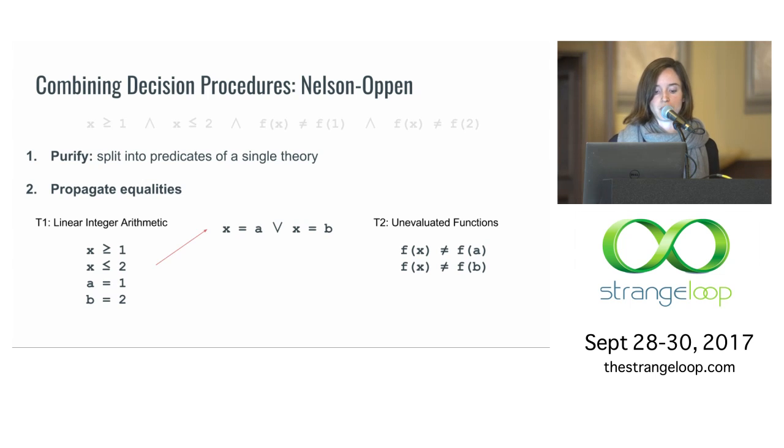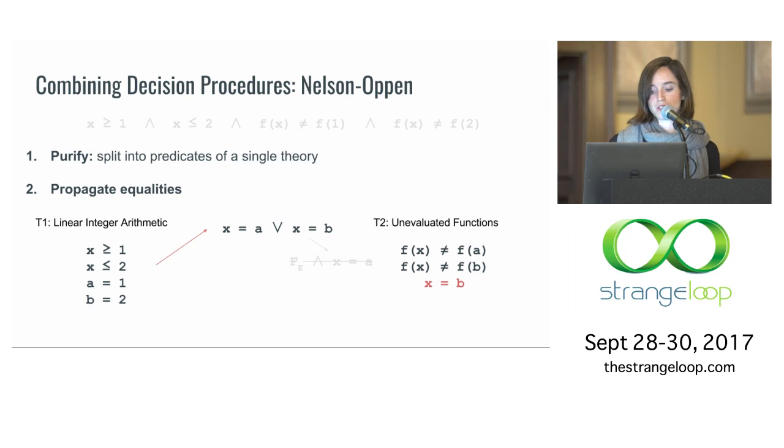First we learn from T1 that either x equals a or x equals b, because we're dealing with integers. We can't tell which one of these particularly is true, but we know that one of them needs to be true. So we can first try propagating the first branch over to T2 and see what we get. When we combine x equals a with the predicates that T2 already had, it tells us unsat.